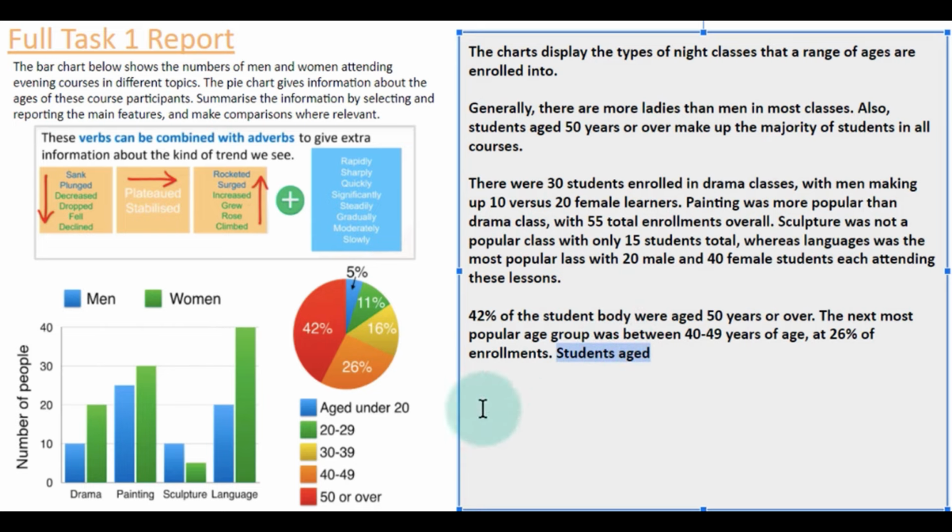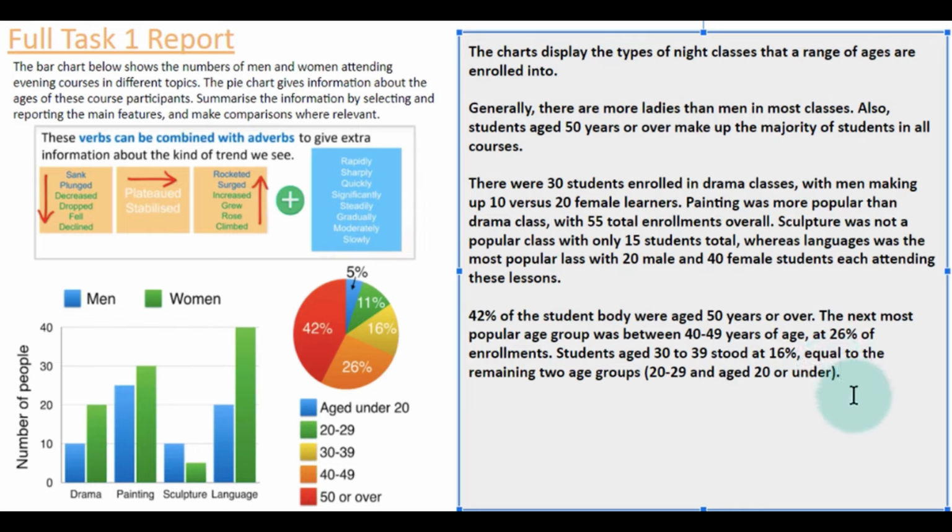So what I'll say is students aged 30 to 39 stood at 16%, equal to the remaining two age groups, and I'm going to use brackets as well, 20 to 29 and aged 20 or under. Okay, that kind of should mean that I have completed this writing here.